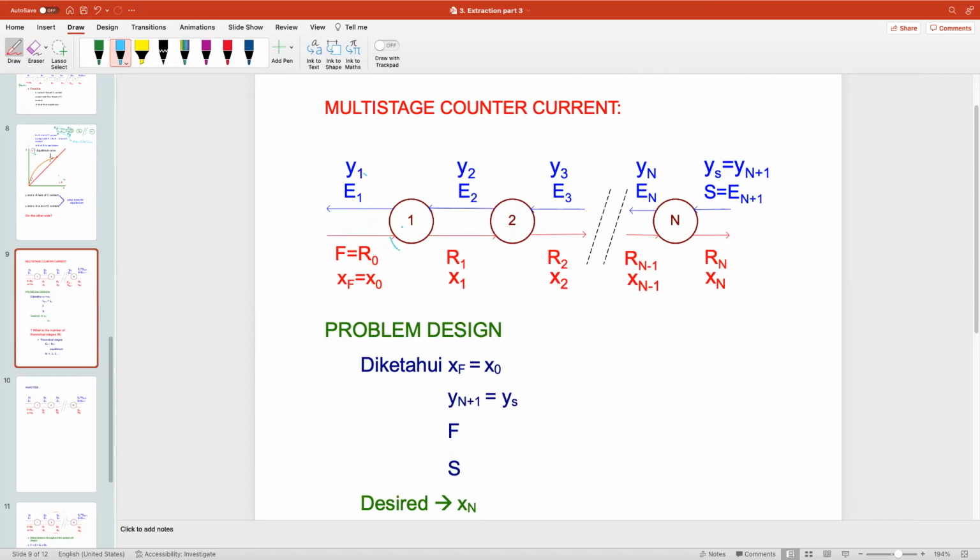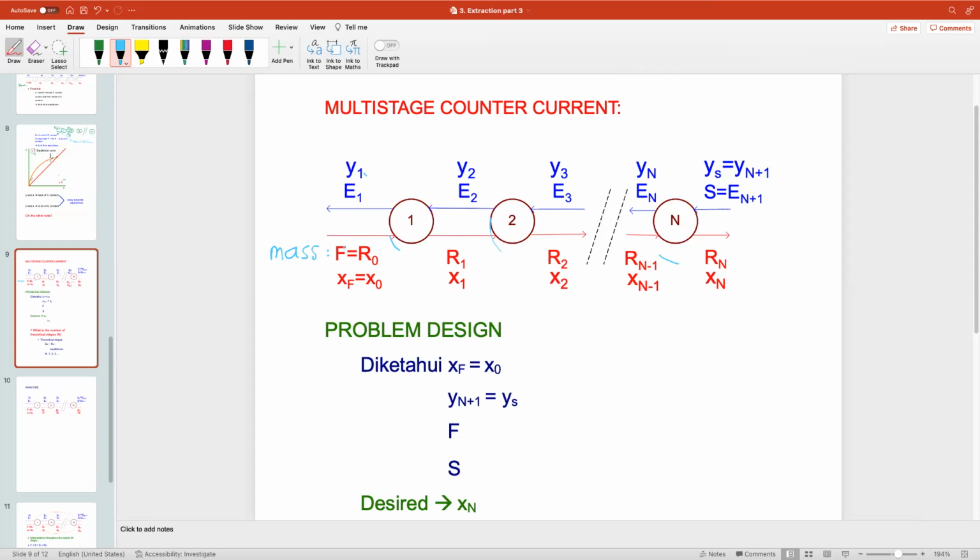This is, let's say, stage 1, stage 2, and so on up to stage n. For the mass flow, we call it F, or for F we can call it raffinate 0, because the stage before 1 is 0. So let's say just equal to raffinate 0.